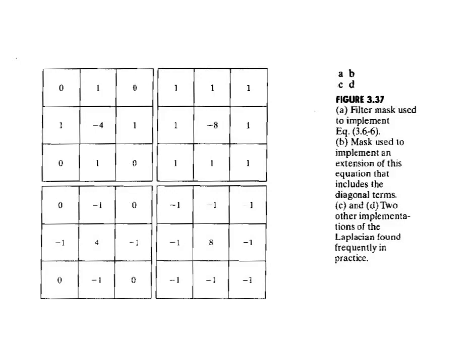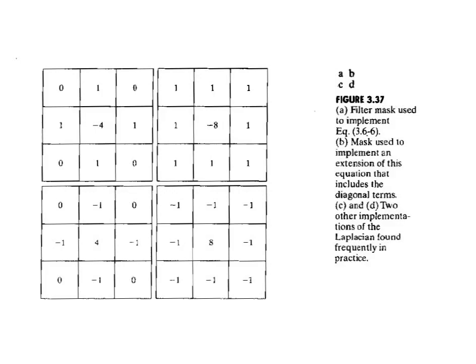The diagonal directions can be incorporated in the definition of the digital Laplacian by adding two more terms to the above equation, one for each of the two diagonal directions. The form of each new term is the same as in the earlier equations, but the coordinates are along the diagonals.